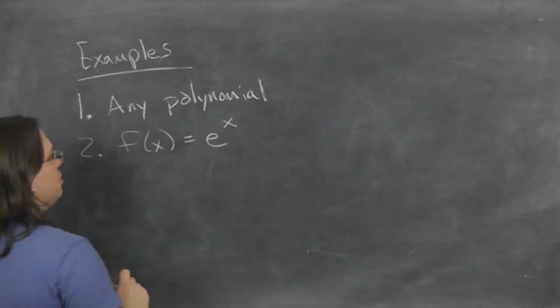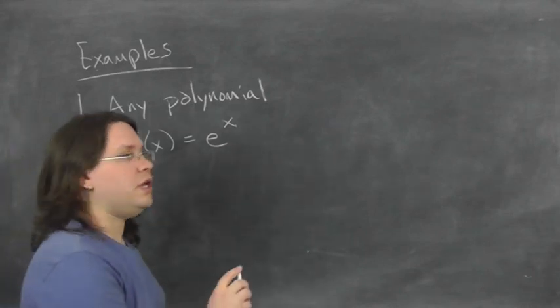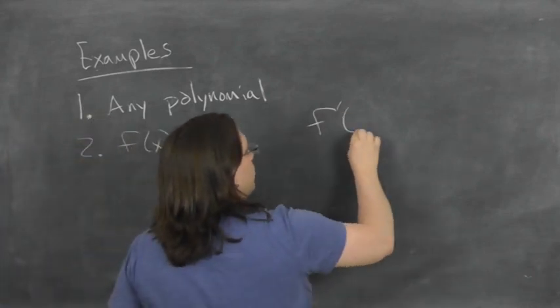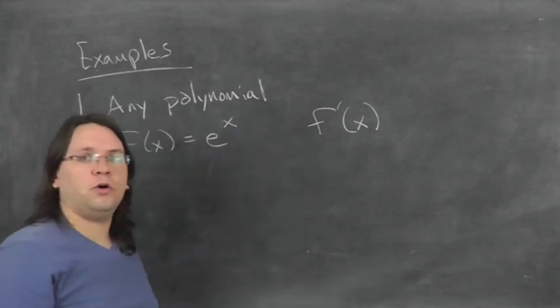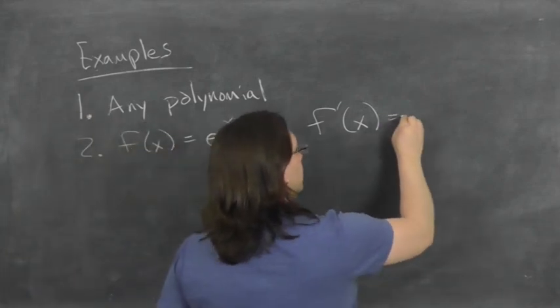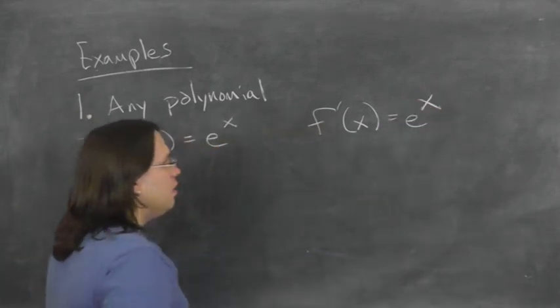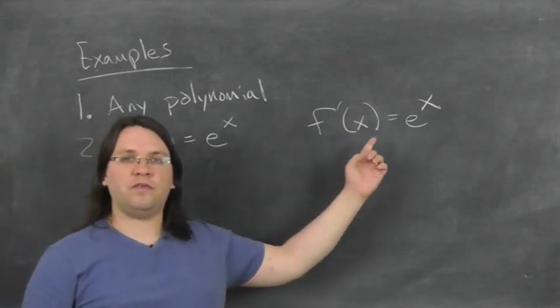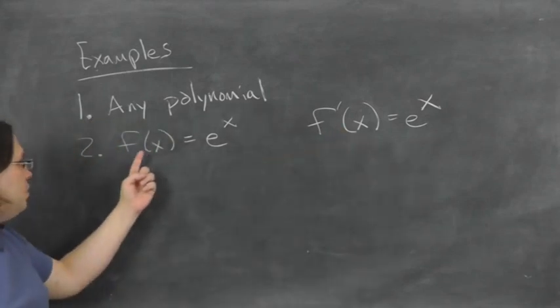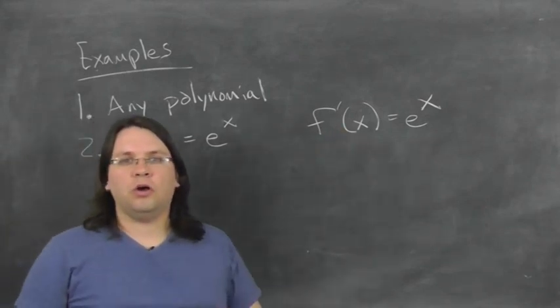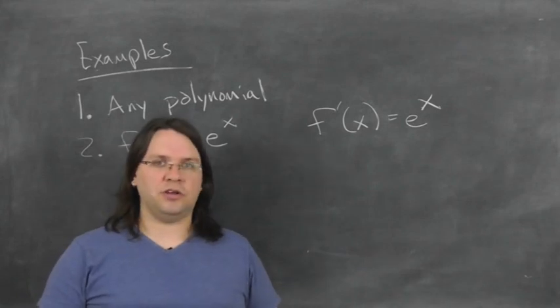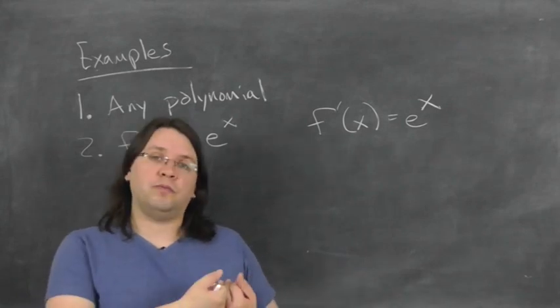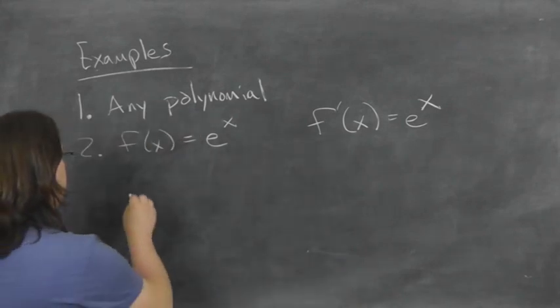Now, the exponential function has the special property that when we take its derivative, we get back exactly the same function. So that means the value of the derivative at 0 is the same as the value of the function at 0, and that'll be the same as the value of the second derivative at 0 or the third derivative, because they're all the same function.